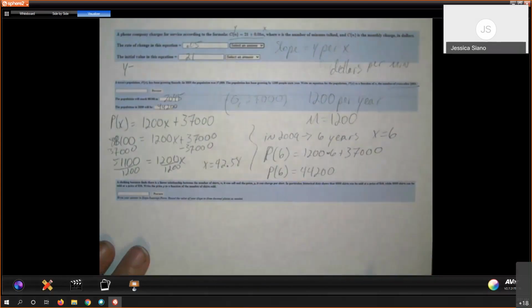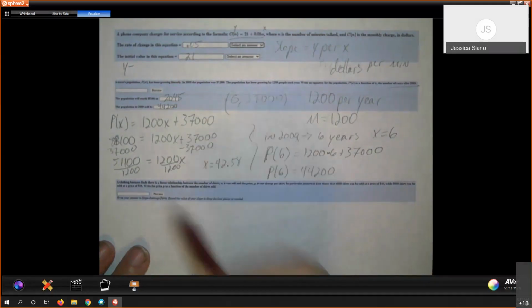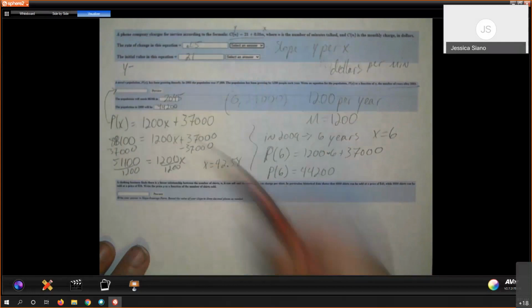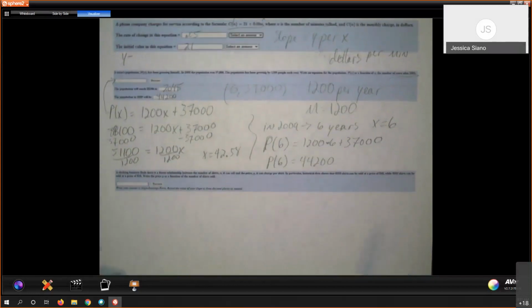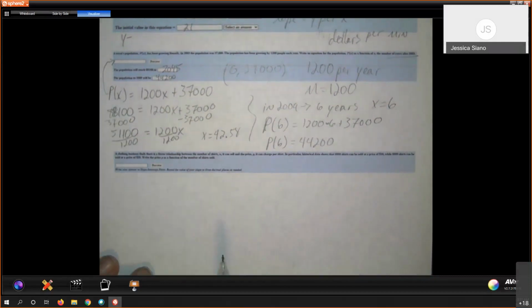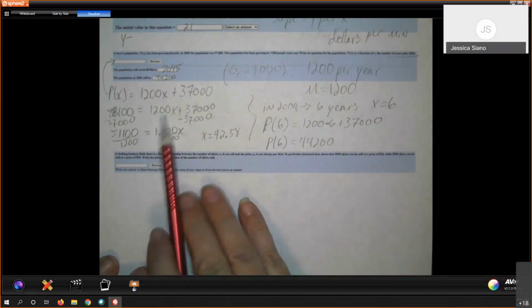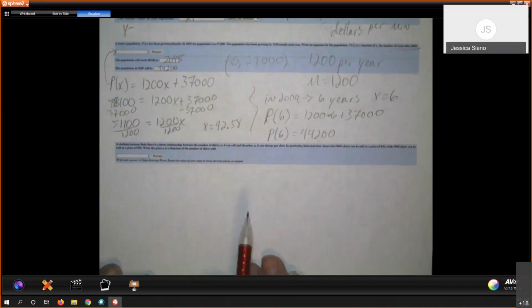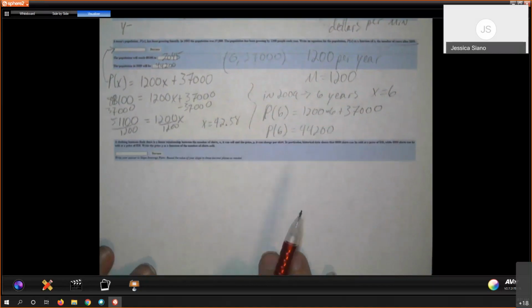Okay. So the only key here is to make sure that you know whether they're giving you an X or a Y. Okay, this one said P of X was the population, so I knew that was the Y. This one said X was the number of years since 2003, so if they give me a year, I knew that was X.